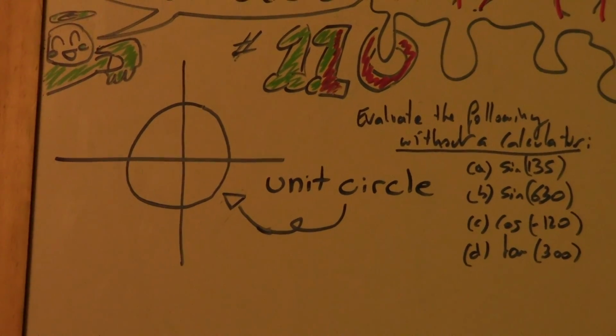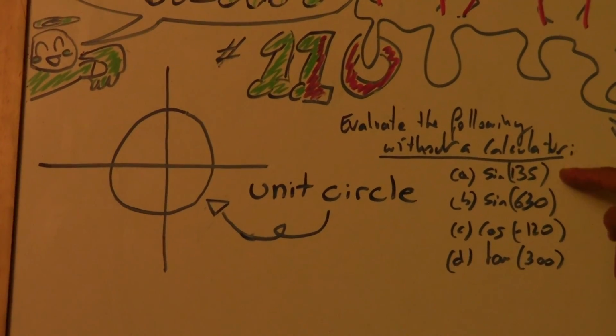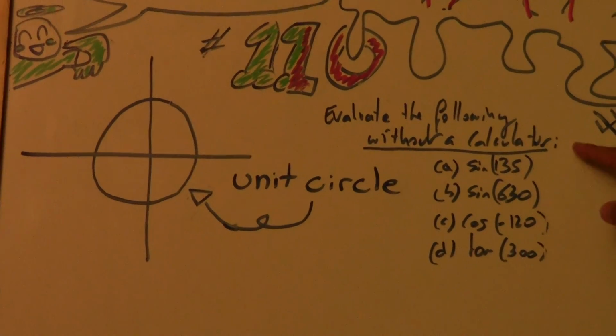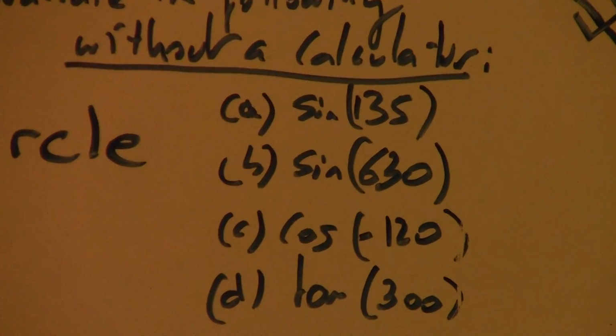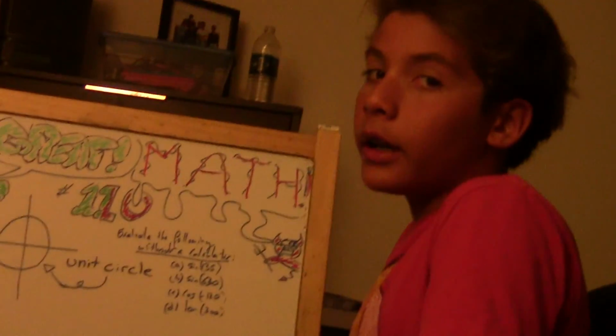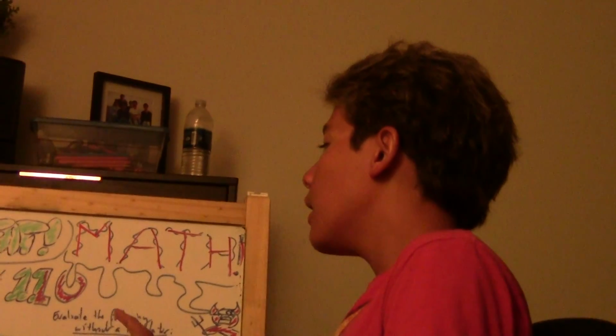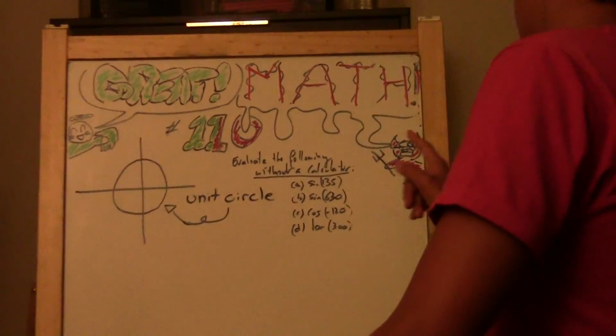This unit circle will help us evaluate these expressions, sines, cosines, and tangents. But wait, can't we just do that with a calculator? This way we can do it without a calculator, for problems that say, evaluate the following without a calculator. So just throw that calculator out that you just bought.